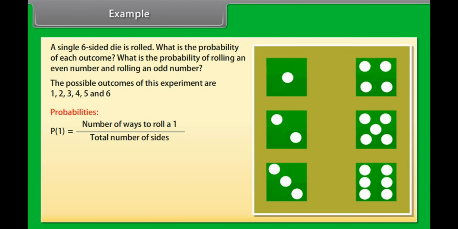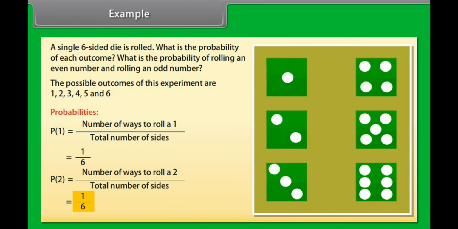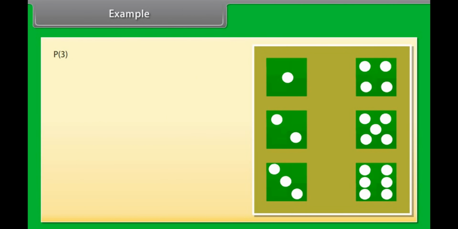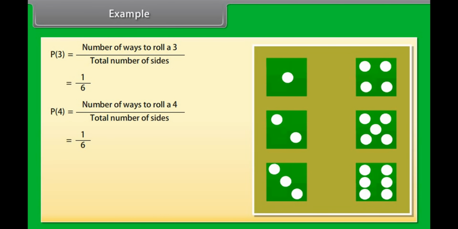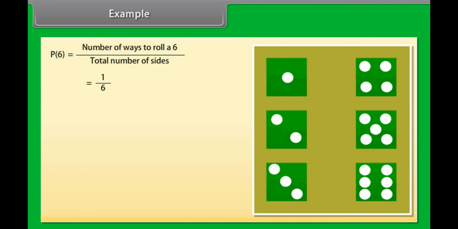Probability of 1 is number of ways to roll a 1 by total number of sides, which is equal to 1 by 6. Probability of 2 is number of ways to roll a 2 by total number of sides, which is equal to 1 by 6. Similarly, the probability of 3 is 1 by 6. In the same way, we will find the probabilities of 4, 5, and 6.